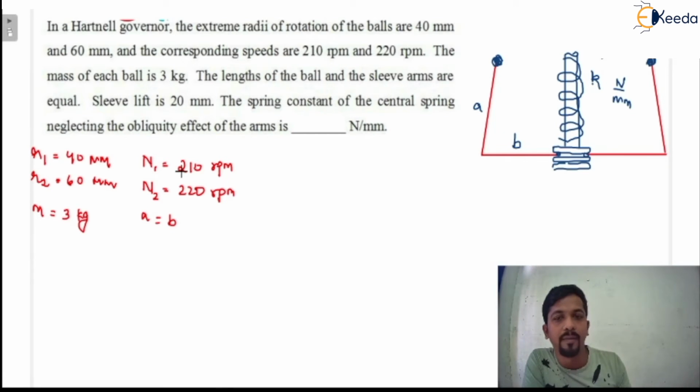So what is the procedure? We all know that there are two very important formulas in the Hartnell governor.